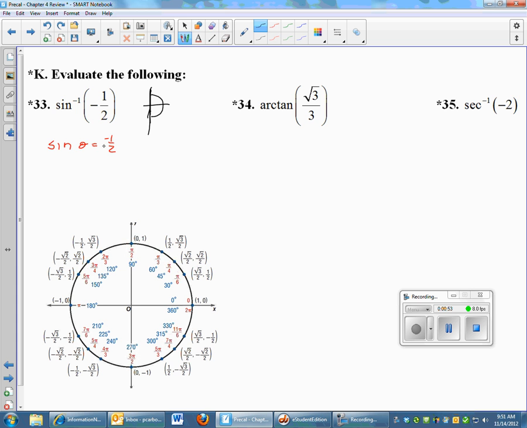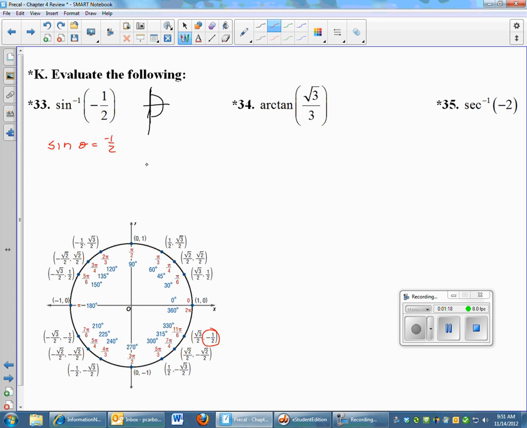So I need to find where sine is -1/2. That's the y-coordinate. So I'm looking for a y-coordinate of -1/2. Well, if my y's are negative, I have to be looking down here, and it happens at this angle. Now, there is also a y-coordinate of -1/2 over here, but remember, you only answer on the right side of the circle, so we don't care about that left side.